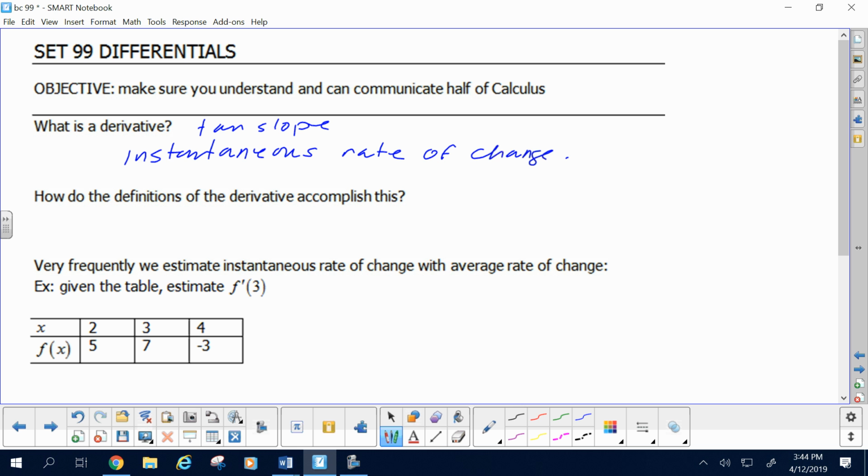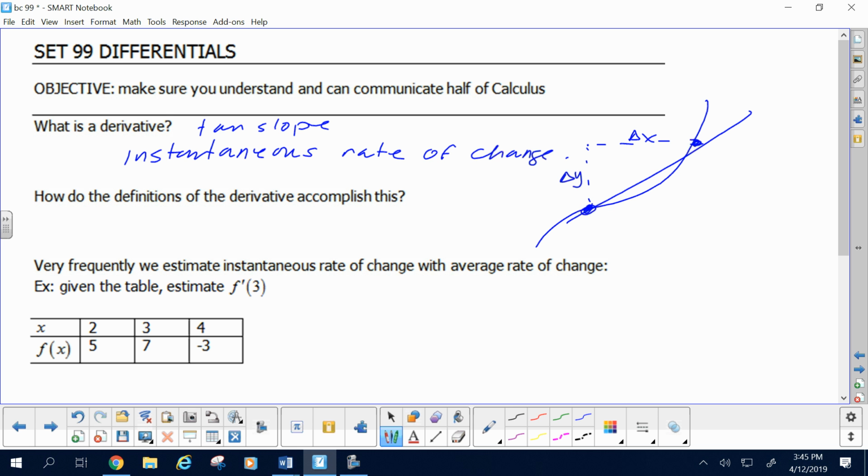Now, when I say an instantaneous rate of change, it's hard to have change at an instant when it's one point in time. We typically say change is between 2 points in time, a change in y over a change in x.